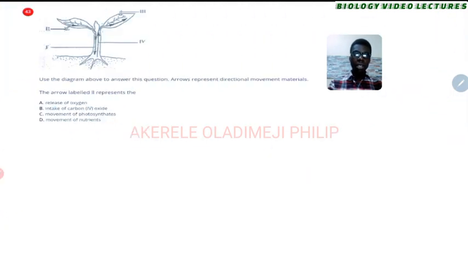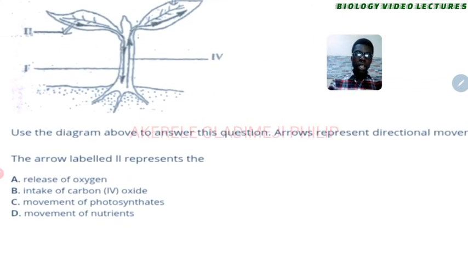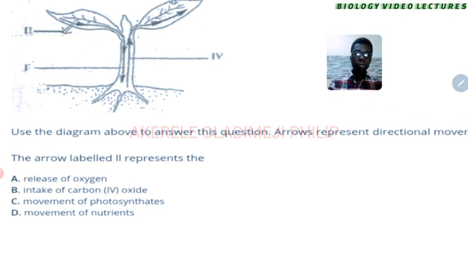Okay, the arrow labeled 2 represents what? Okay, well, it represents the release of oxygen. Yes, oxygen. Now this is like talking about photosynthesis in a way. Of course, you know that during photosynthesis, carbon dioxide goes in for photosynthesis. Water, H2O, also goes in there.